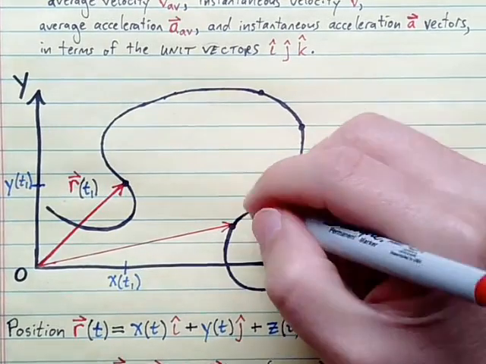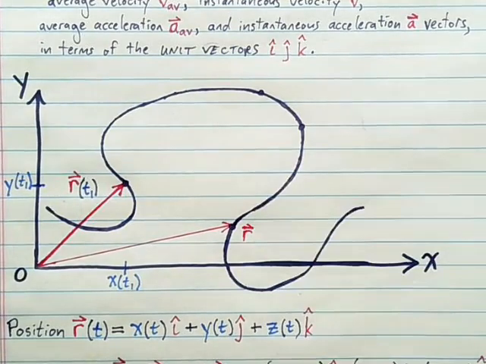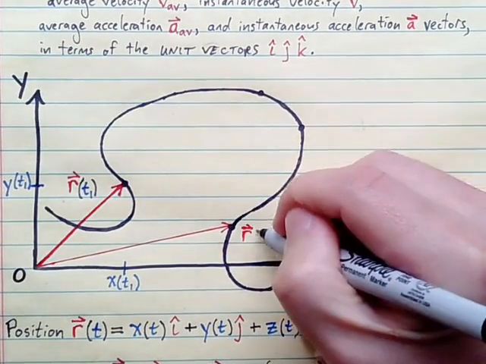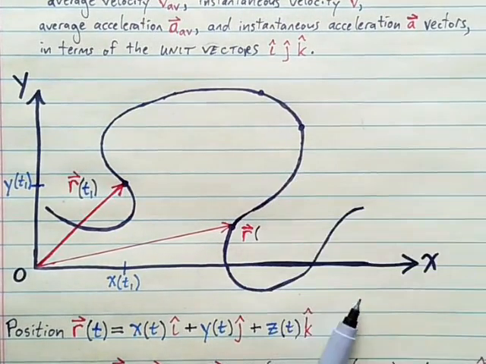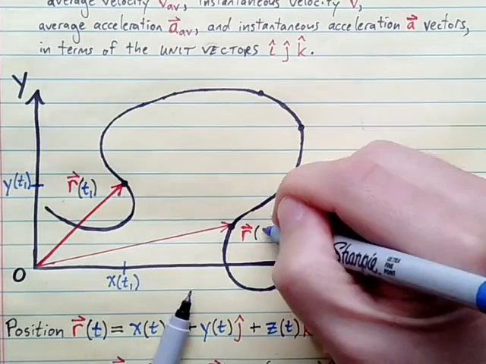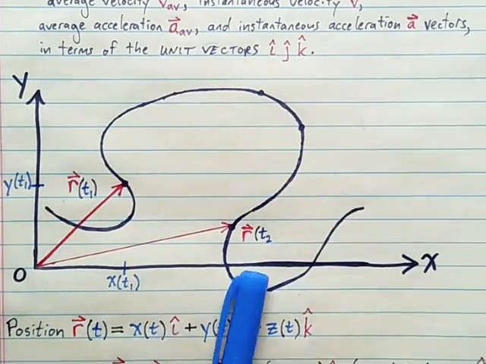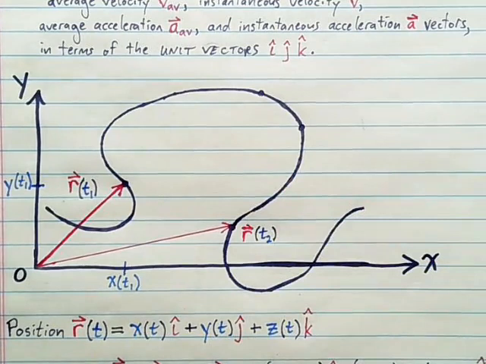So that'll be r at time 2. Oh, I need some more colors. Let's stick with our red for vectors and blue for scalars. You can be drawing all of this. I'm drawing this picture while I catch up to my own thoughts here. There we go. Okay, position at time 2.